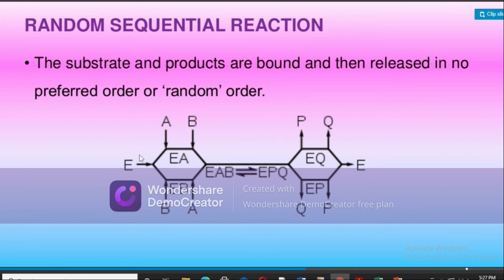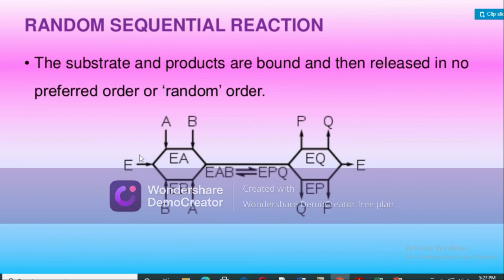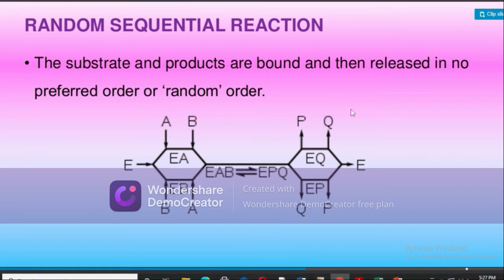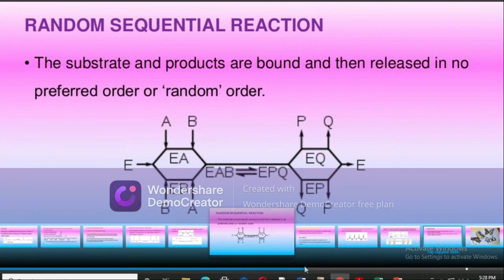The substrates have equal chance of binding to your enzyme, and at the same time the products have equal chance of being released. P may be released or Q may be released first, followed by the other. Then you generate your free enzyme.